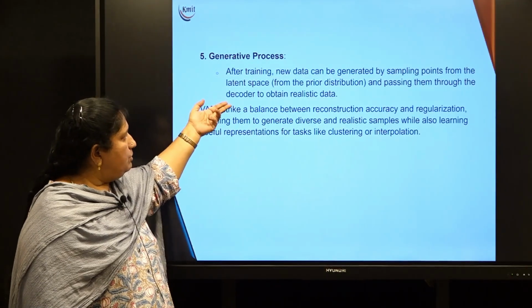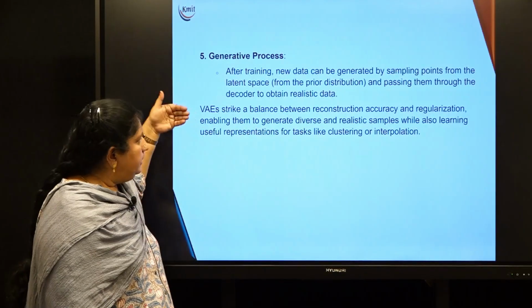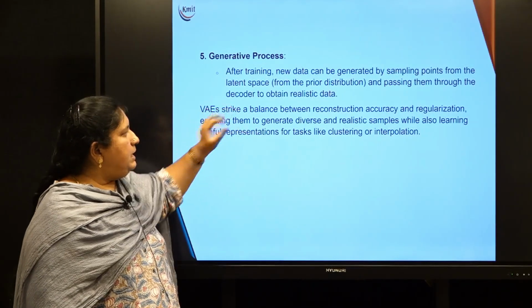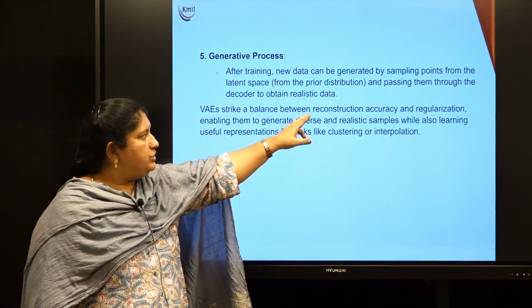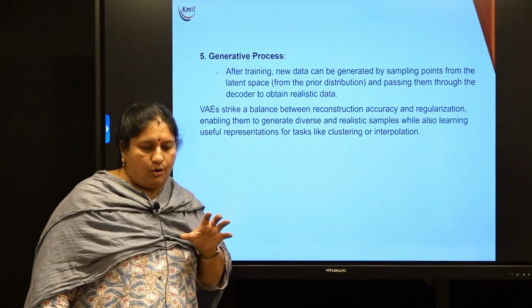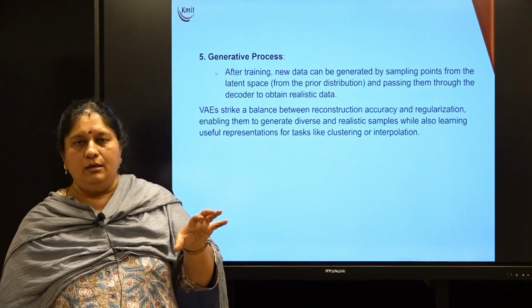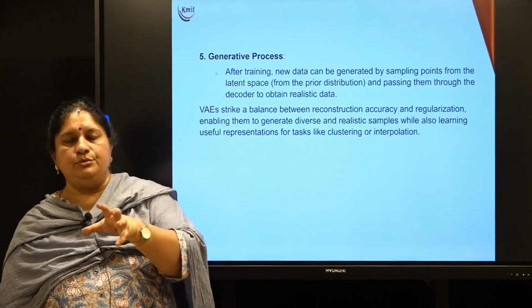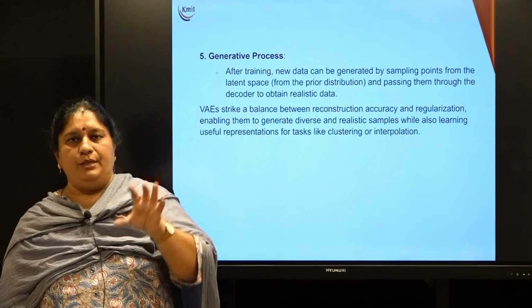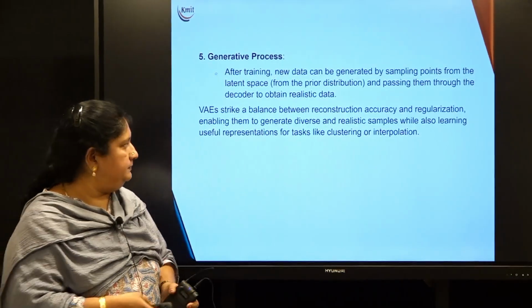The decoder will try to obtain realistic data, and it will try to find a balance between reconstruction accuracy and regularization, wherein you are not losing the originality of the data that you have taken, at the same time trying to generate new data from the original data which meets the requirements of the application. Thank you.